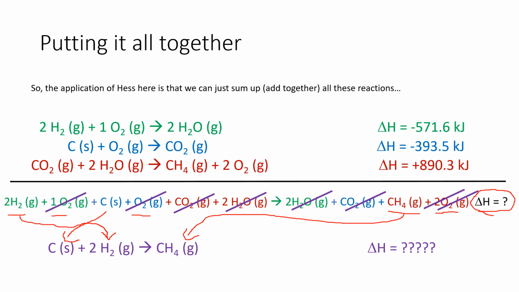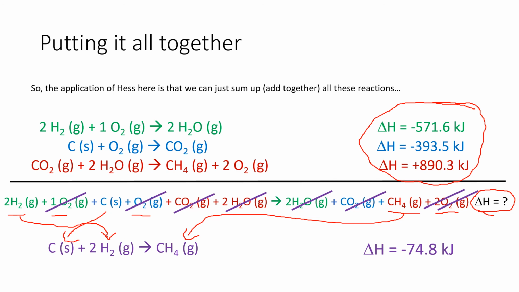I hope you see what we can do with our summation. Since we added all those reactions together, we're just going to literally add all of these delta H's together. So negative 571.6 plus negative 393.5 plus positive 890.3, and I get negative 74.8 kilojoules when I add those together.